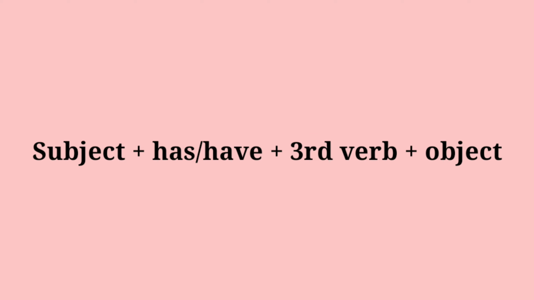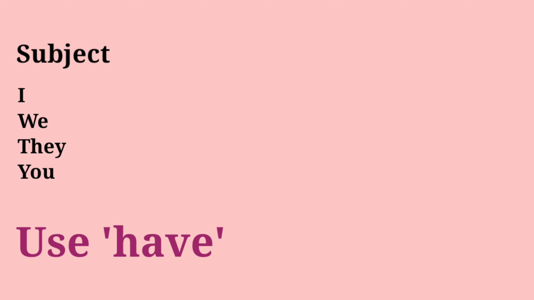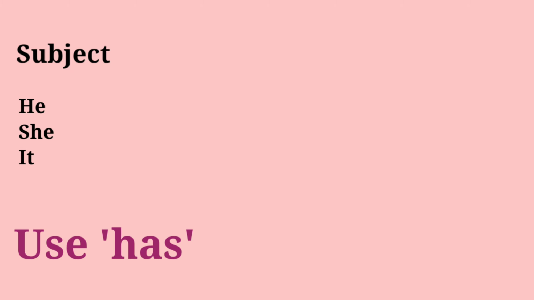To form the present perfect tense, we use has and have. So the structure of the sentence becomes subject plus has or have plus the third form of the verb plus the object. If the subject is I, we, they or you, we use have. But if the subject is he, she or it, we use has.